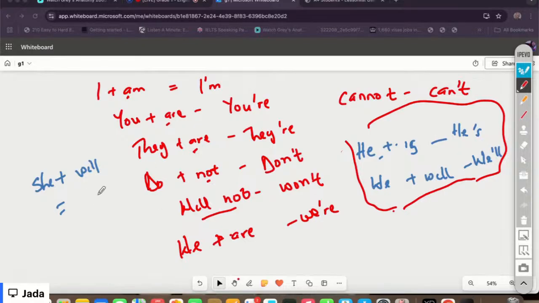So this one becomes she will, just like this. Okay? So just share with me some contractions that you know. Any contraction that you know. You can share on the chat some contractions if you know any, okay?